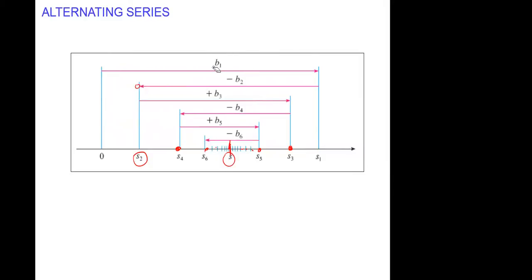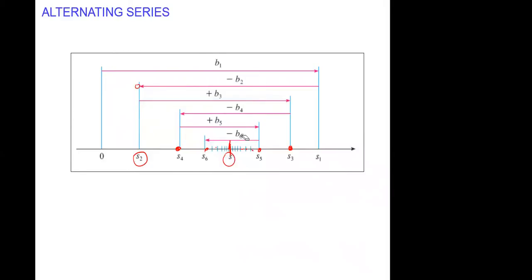We can see b sub n is definitely decreasing and must be positive. It must be positive because we don't want negative values. Negative and negative will give me positive, and then I will mess up my alternation. And of course, the limit at infinity must be 0. It's a similar condition to decreasing, a little bit different, but 0.